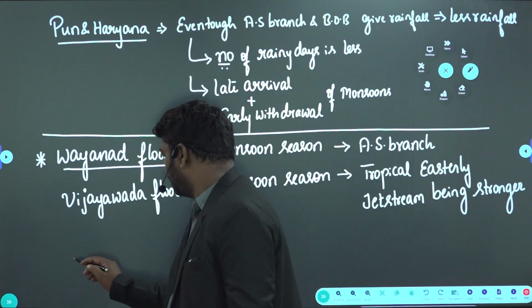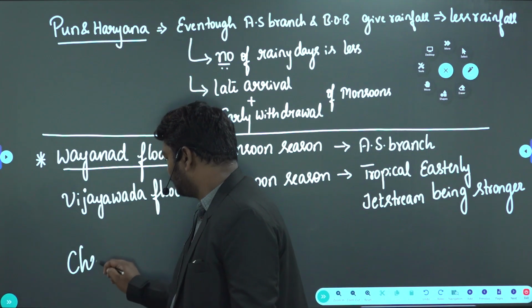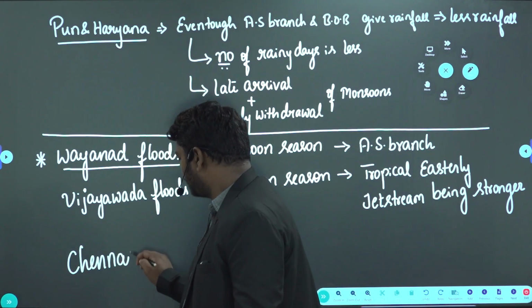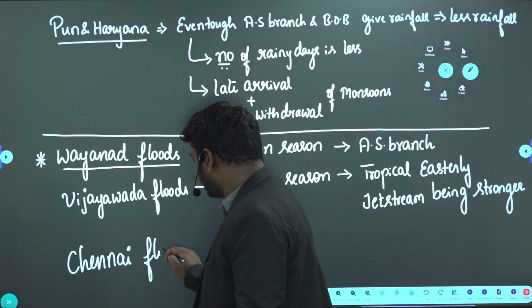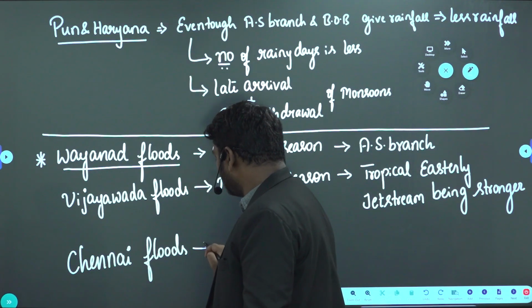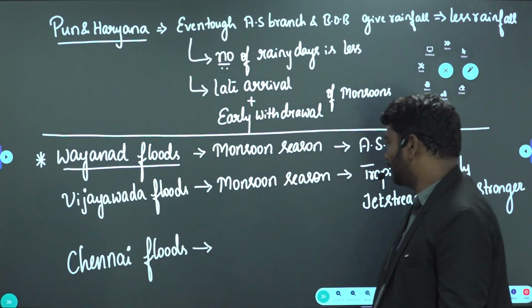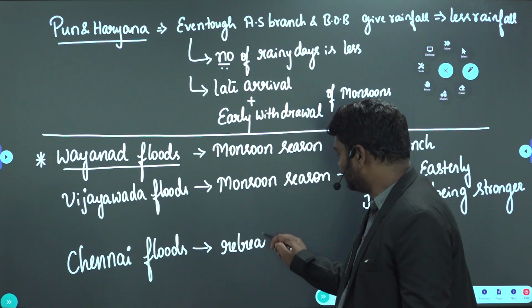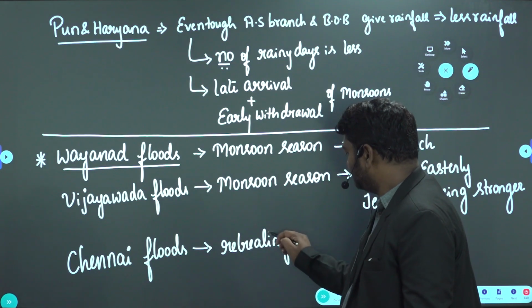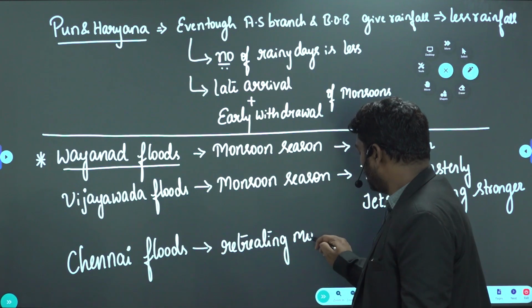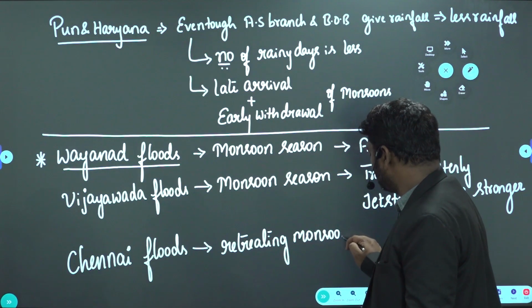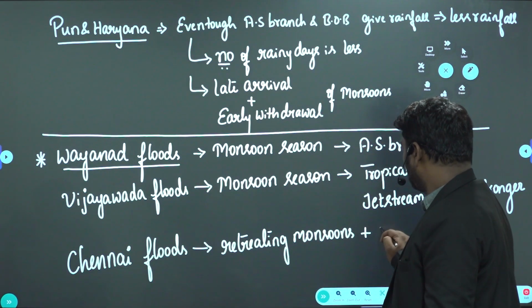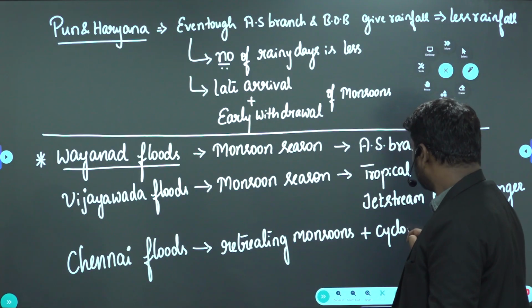Last, Chennai floods were due to retreating monsoons associated with cyclones.